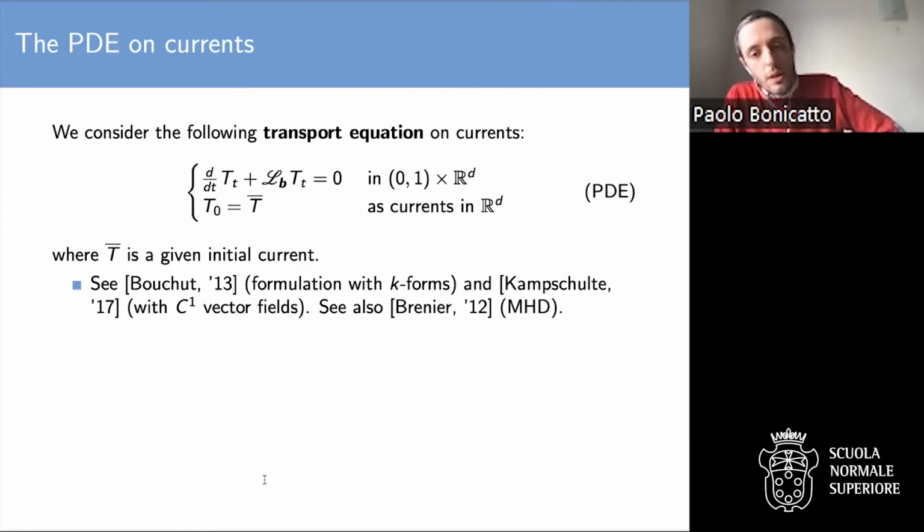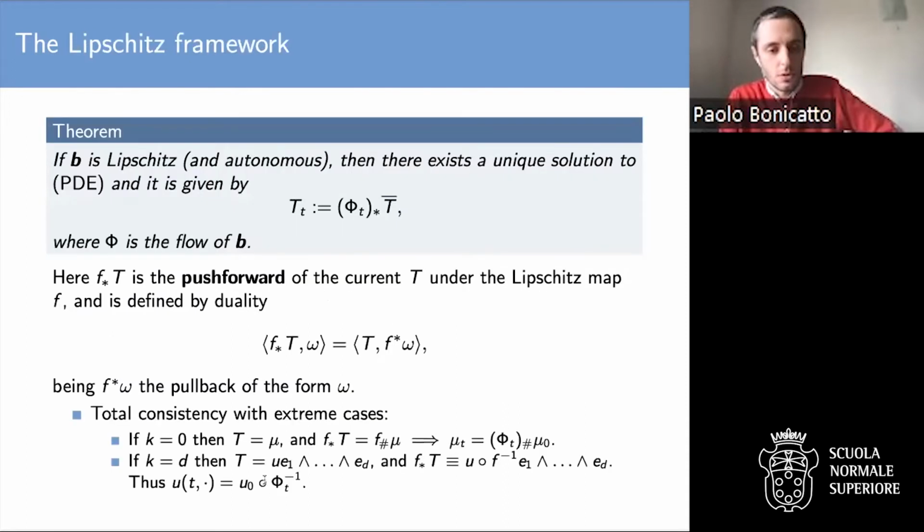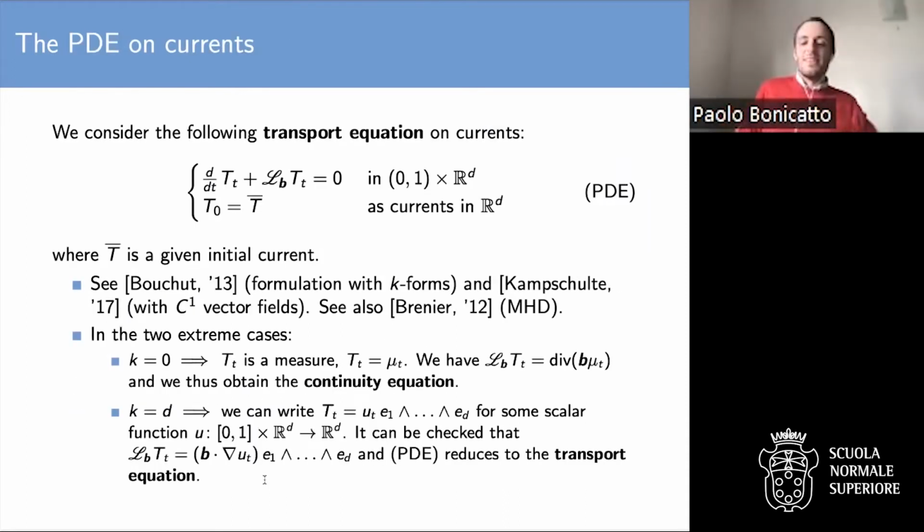Before going on, let me check with you what happens in two particular cases, which I guess are kind of interesting. Let's see what happens in the extreme cases. So when k is equal to 0, I'm considering 0 currents, and 0 currents with finite mass are measures.